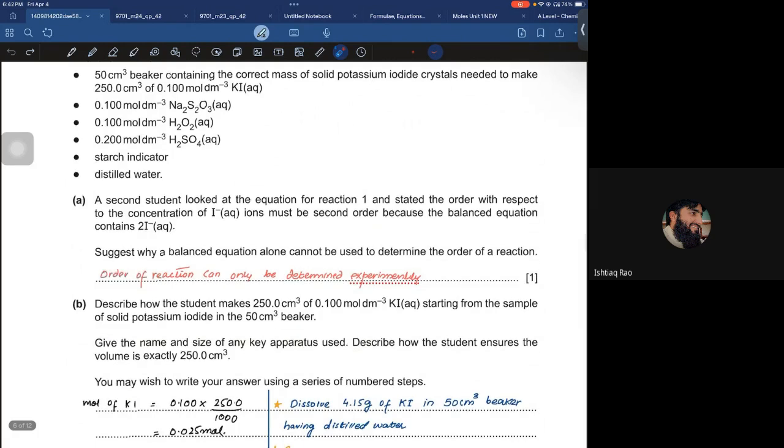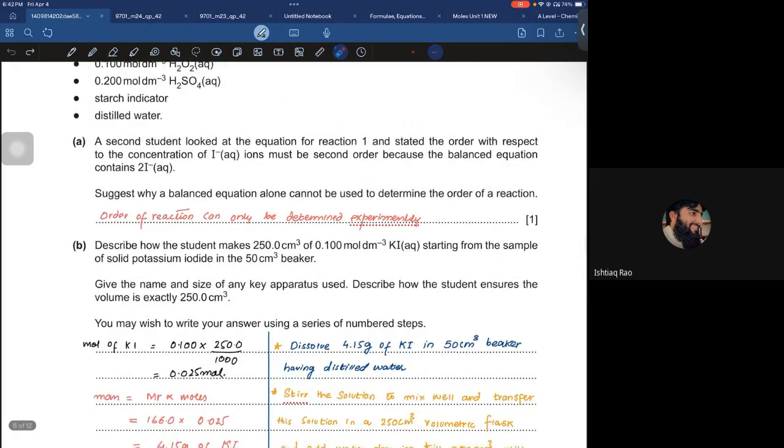Then it says: describe how the student makes 250 cm cube of 0.10 mole per dm cube potassium iodide, starting from the sample of solid potassium iodide in the 50 cm cube beaker. Give the name and size of any key apparatus used. Describe how the student ensures the volume is exactly 250 cm cube.